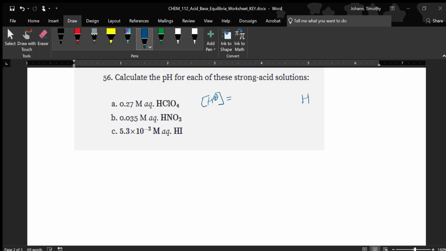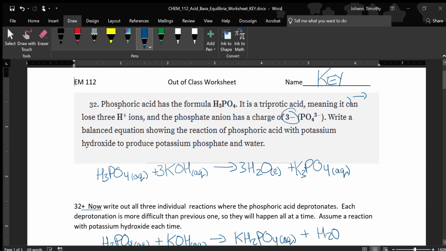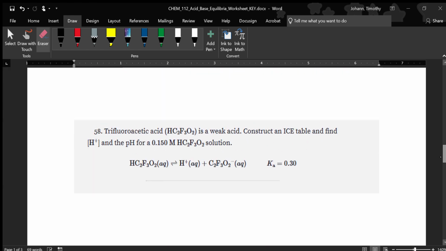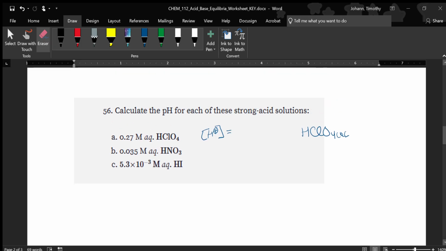So this is going to be HClO4 aqueous, which is going to fully dissociate to make H plus and ClO4 minus. Do you see how they all have one proton in front? So they're all going to react. One of these makes one of these.